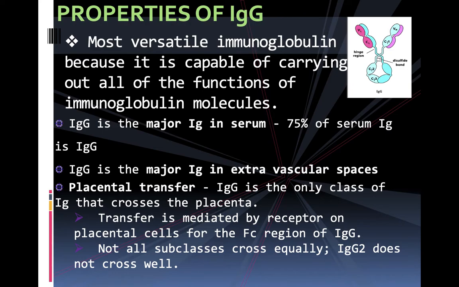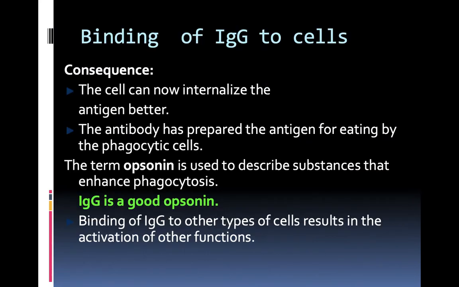Okay, so when IgGs bind to antigens, there are several downstream potentialities that are stimulated. First, the attached cell can internalize antigens better. So there's what we call antigenic shape focusing. So that's one possible consequence.